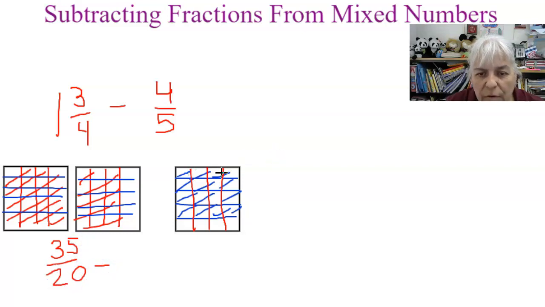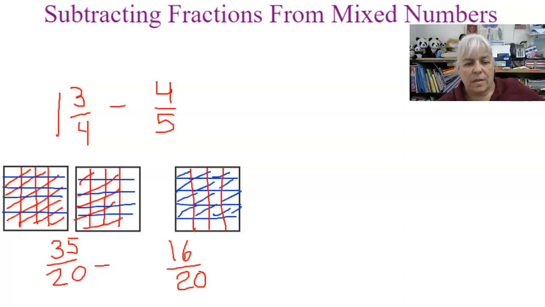Minus, here I have 4 rows of 4, so 16 20ths. Okay, so 35 20ths minus 16 20ths is 19 20ths.